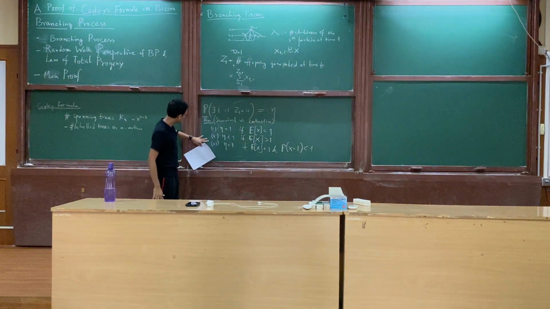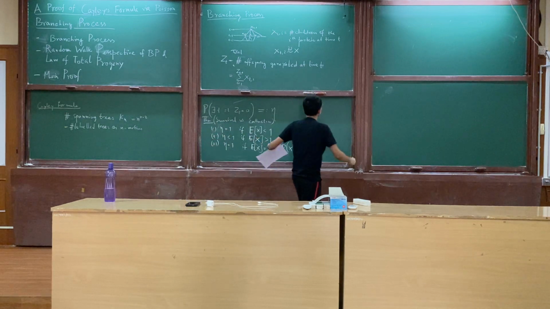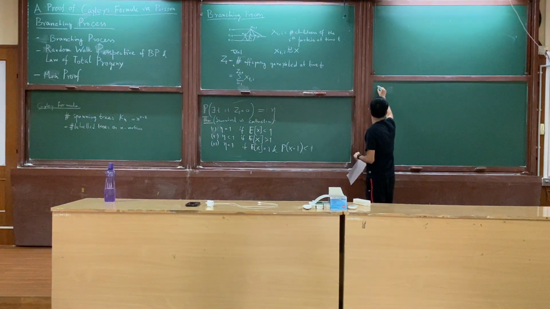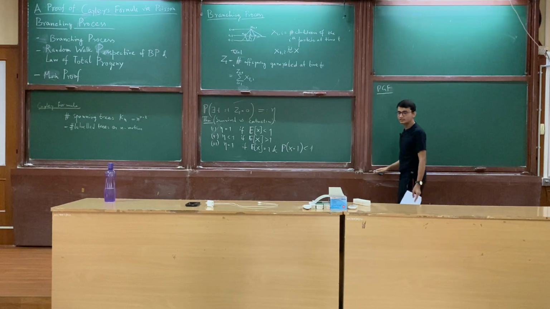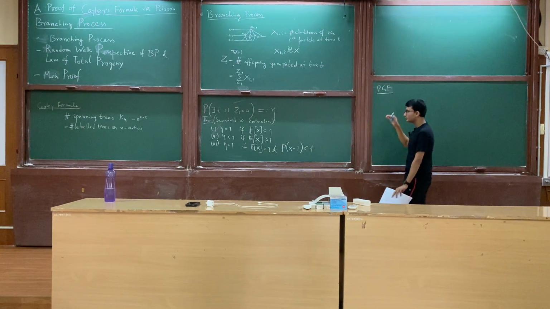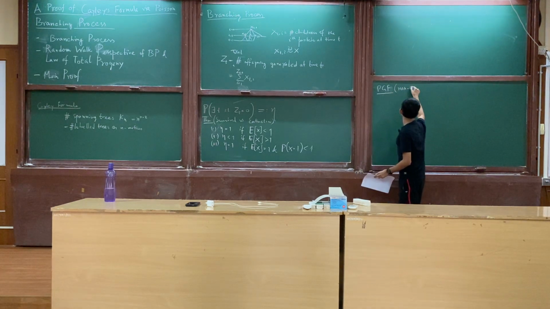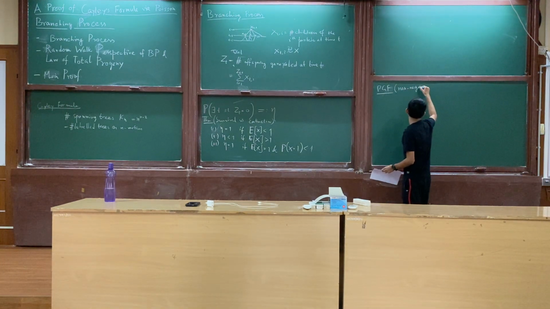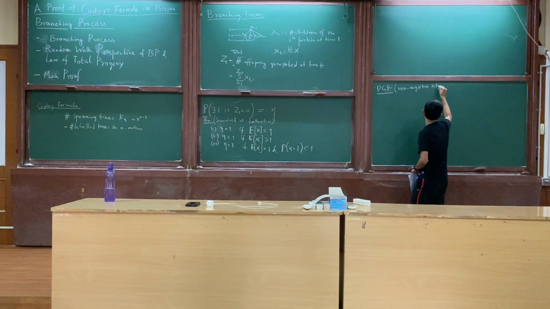This theorem has another formulation in terms of the probability generating function, but before that, recall what that is. The PGF is just a generating function, as you have studied the moment generating function and characteristic function also. It's a similar thing, but this is defined for non-negative integer valued random variables.